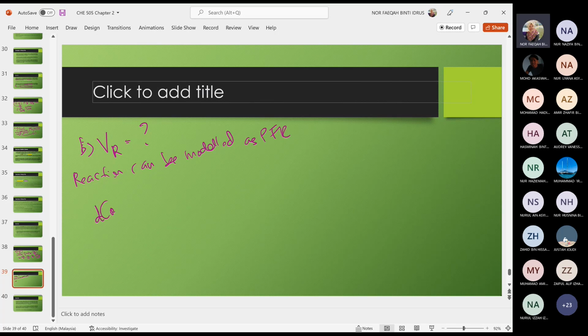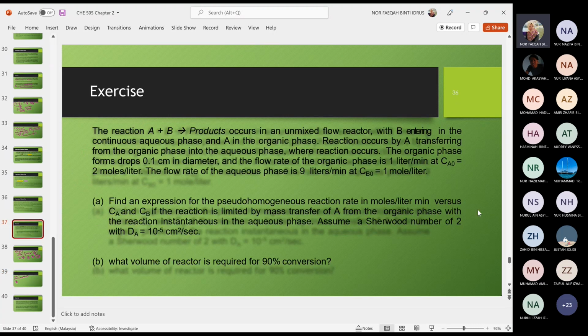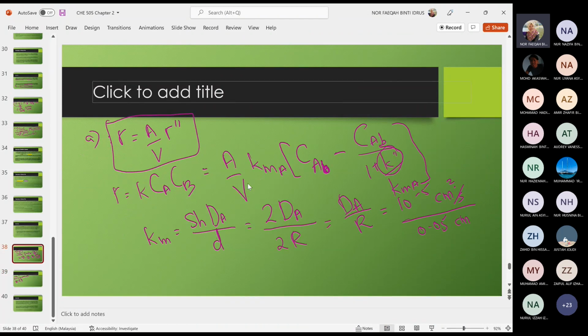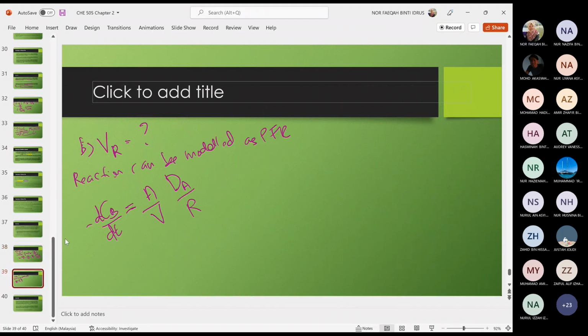Therefore, dCB over dt, okay, based on B, disappearance of B, okay, sebab kita ada juga B. So, negative dCB over dt equal to A over V dA per R. Yang ni dah masukkan dalam mass balance equation KMA ni. CA in liquid phase sebenarnya.